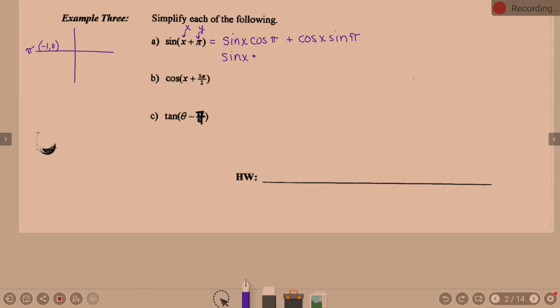Cosine of pi is -1, plus cosine of x times sine of pi, and the sine of pi is 0. What do we end up with here?